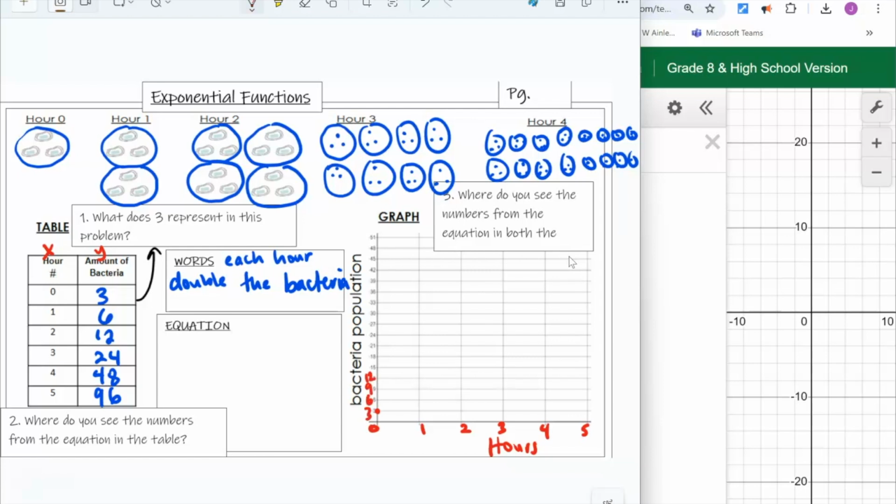All right, so at 0, it's 3. At 1, it's 6. At 2, it's 12. So it's going to be right here. At 3, it's 24. At 4, it's 48, which is somewhere over here. And at 5, it's 96, which is somewhere over there. So do your best to join the curve as best as you can.